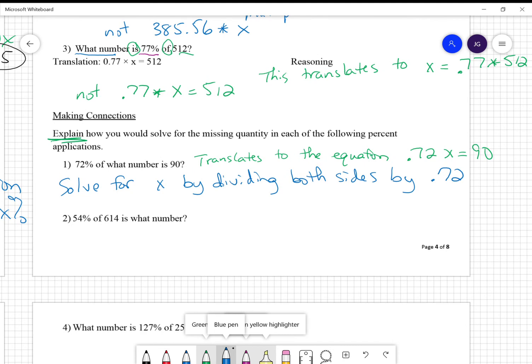54% of 614 is what number? Using the box method, we get 54, 100, 614, and x.